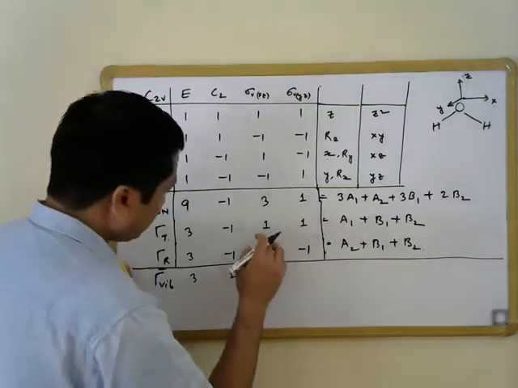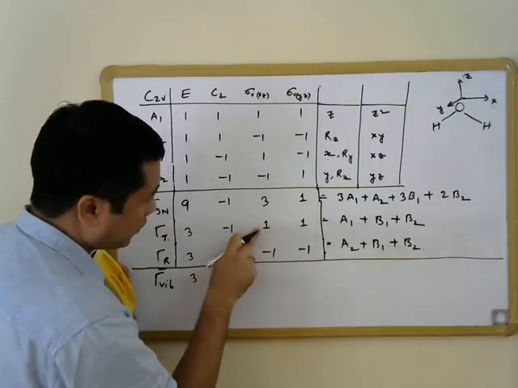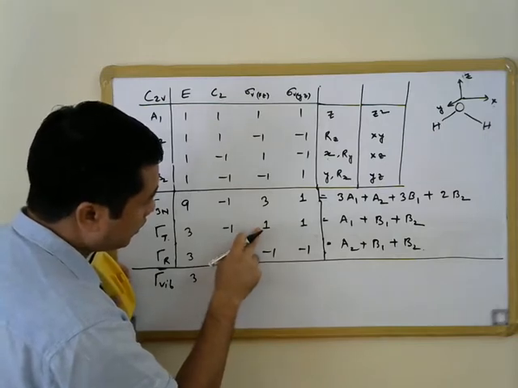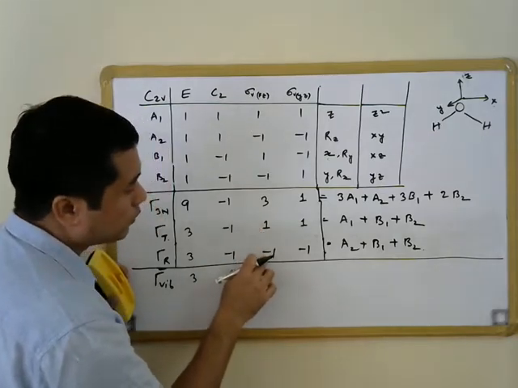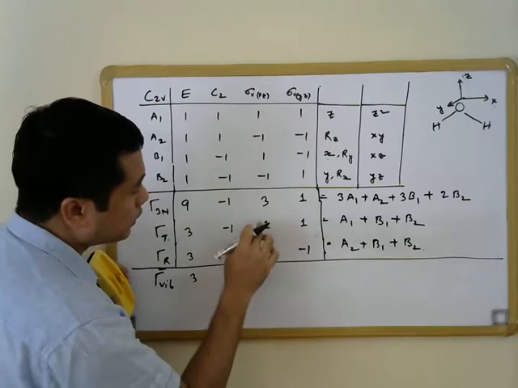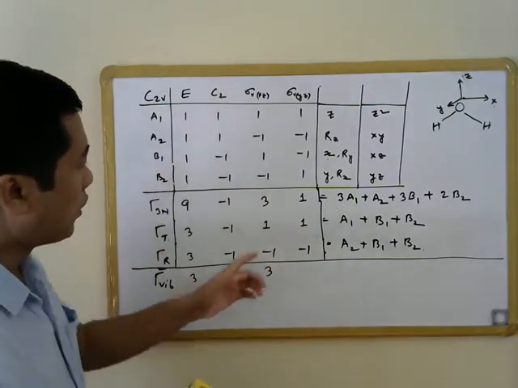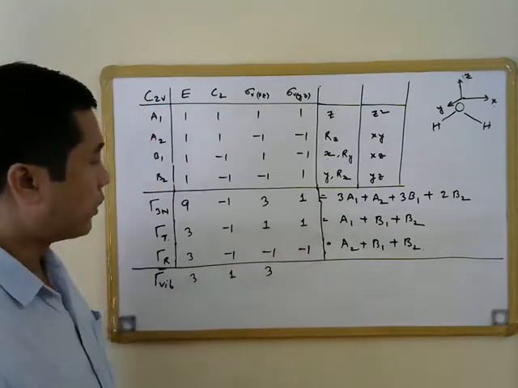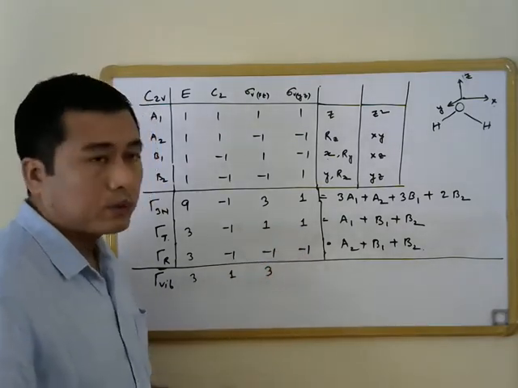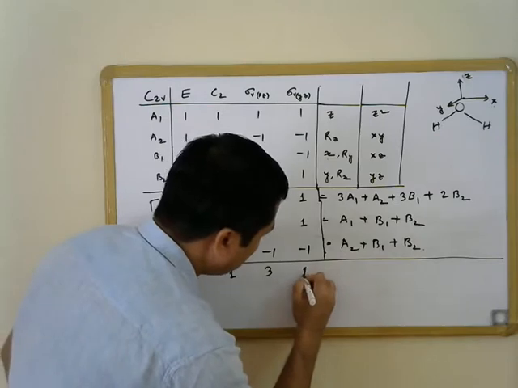Then 3 minus 1, that is going to be equal to 2, minus 1, this is going to become plus 1, so 2 plus 1 is going to be equal to 3, and then 1 minus 1 is going to be equal to 0, but minus 1 is going to be equal to plus 1.